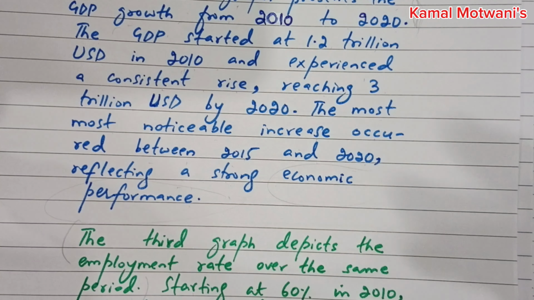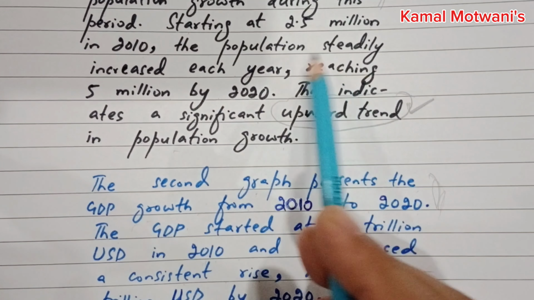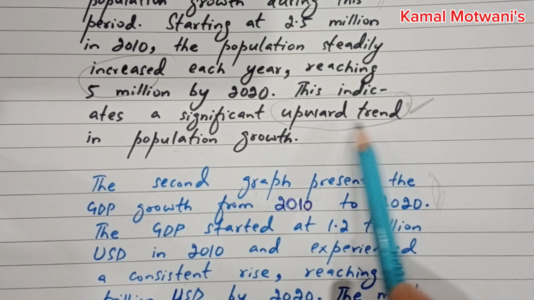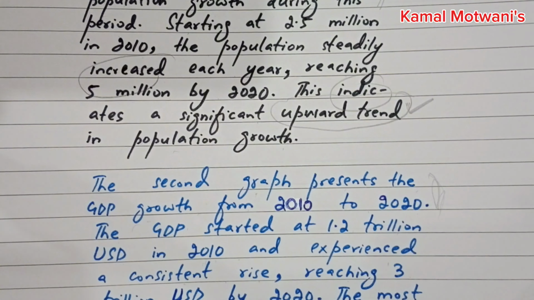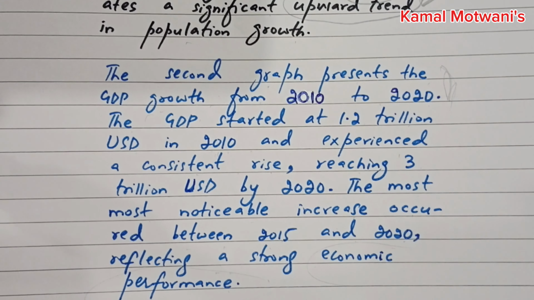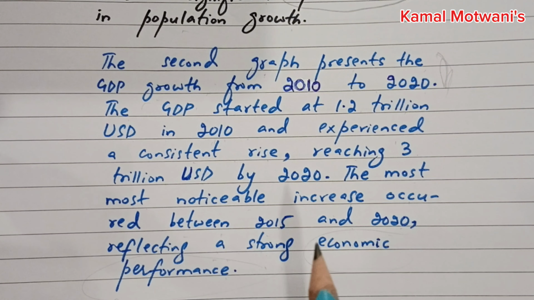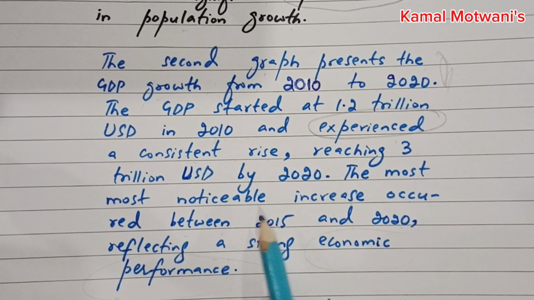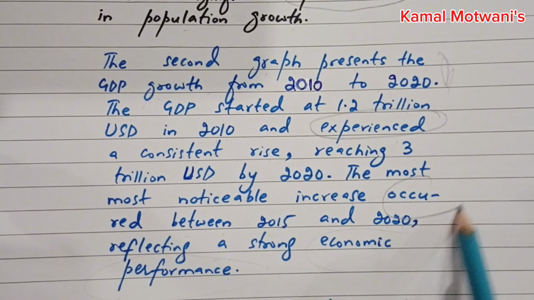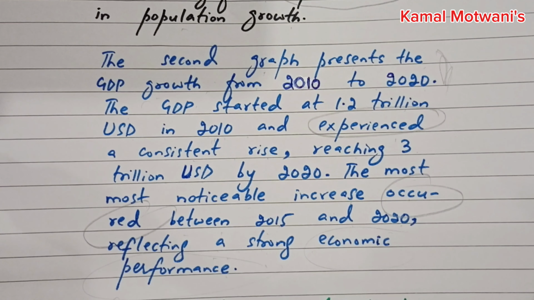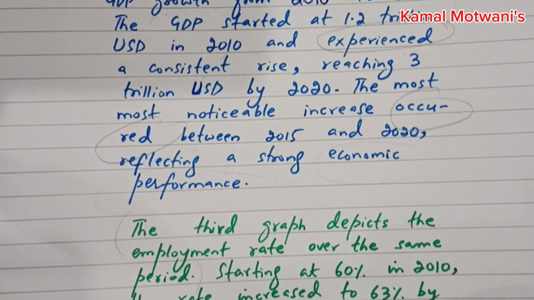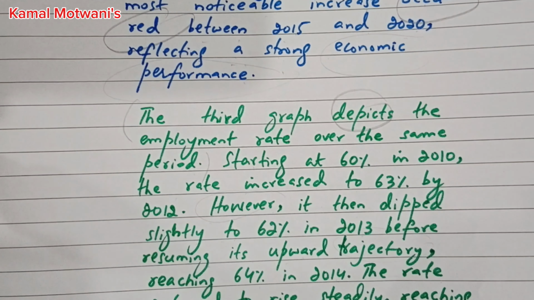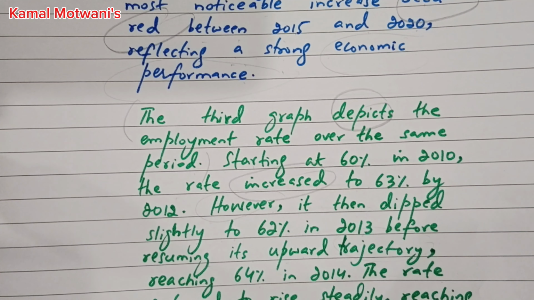Let me show you. See, here I have written the population is steadily increased, then indicators, then this indicates, then I have used experienced. Then the most noticeable increase occurred. Then in the third paragraph, see what I have written. This depicts, okay, then increase, I have repeated it, then it dipped.